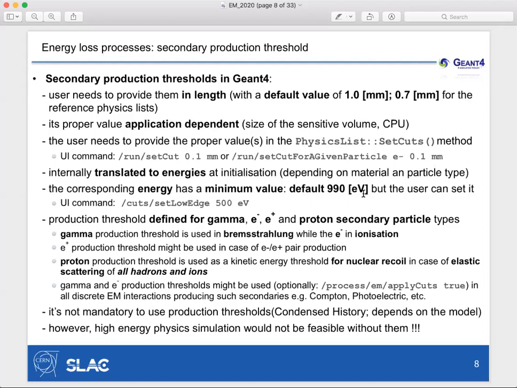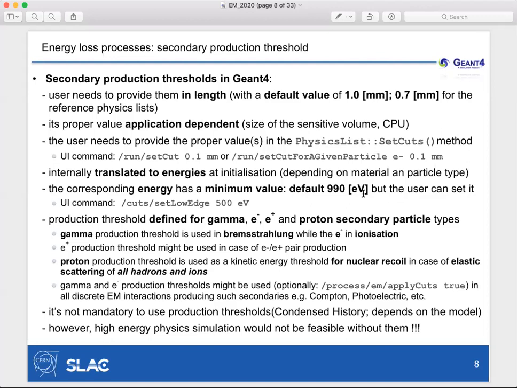That's more or less one important thing that can also be, I must say, crucial in many cases: keep in mind that when you set a secondary electron production threshold, by default, you don't suppress all the secondary electron production during your simulation that would have an energy below that threshold, because that threshold is applied only in case of ionization. So in case of Compton scattering, for example, the secondary electron is always produced, no matter what the energy of the secondary electron is.